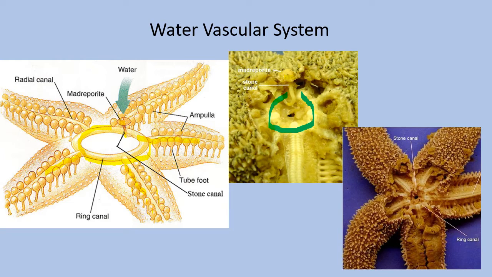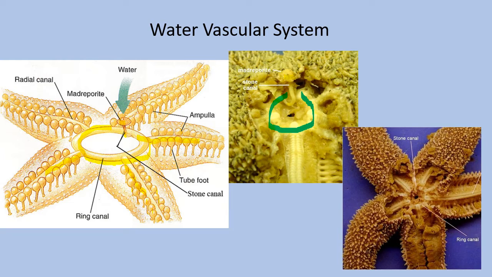It's the same way that in our bodies we have our bony vertebrae that protect our spinal cord. The spinal cord is soft nervous tissue that could easily be ripped or torn, but it's protected on the outside by these segmented bones that we call the vertebrae. In the same way, these mineralized plates inside of the body of the sea star protect the tubing of their water vascular system.